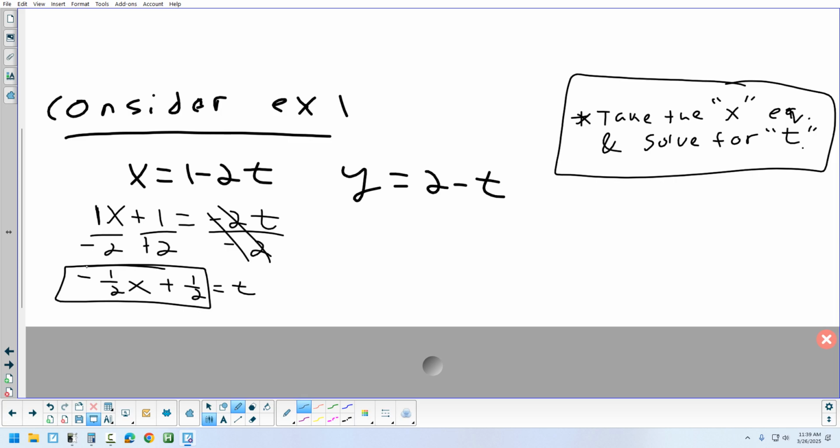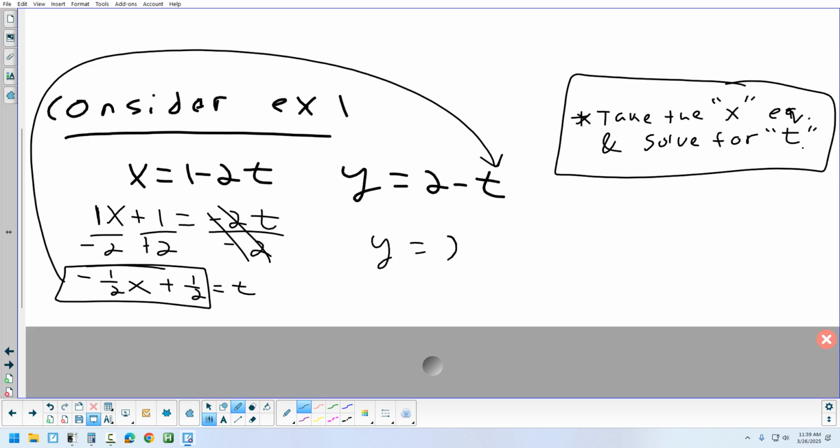Now, anybody have a guess what we're going to do with that? Plug that in for t in the y equation. Yep. I'm going to plug that in for t in the y equation, and that's how you merge the two equations back together. So we get y equals 2 minus, and now fill in t, -1/2x plus 1/2.